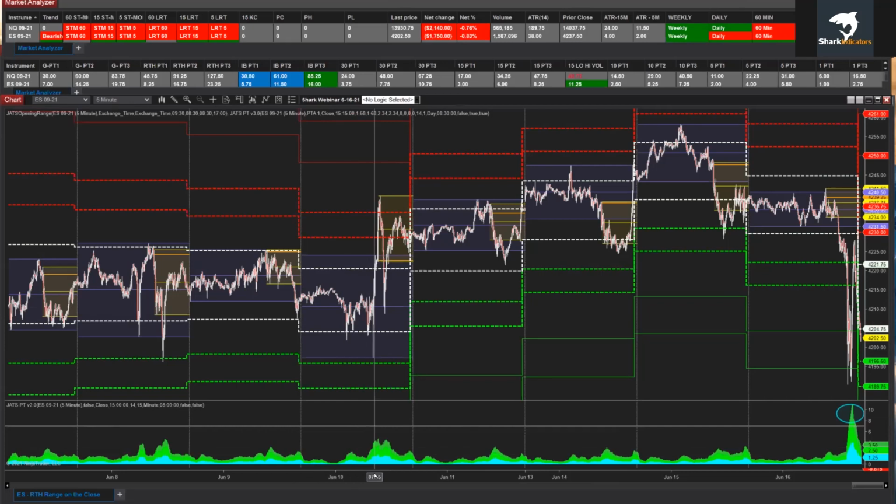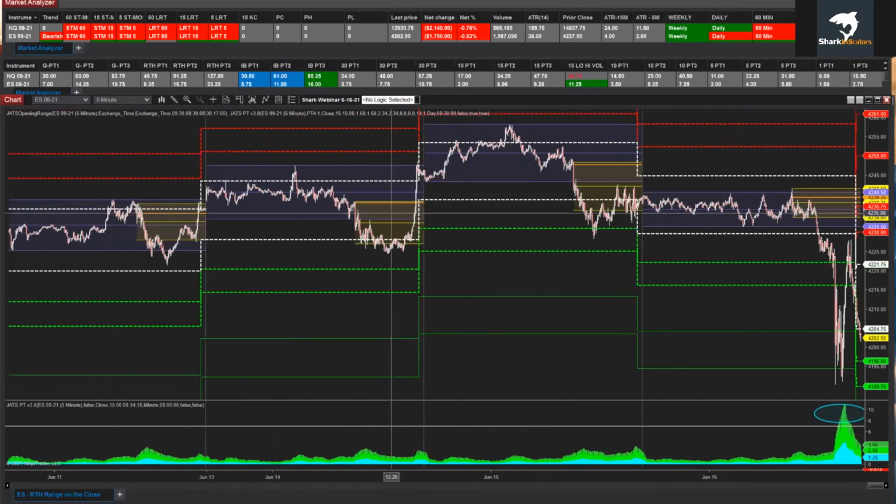Both the Globex midband and the RTH one hour initial balance midband, that's different than a 25-minute or 30-minute opening range. It's the actual midband between the one hour high and low. And the same with my midband for my Globex. Just having those on their own is fantastic.